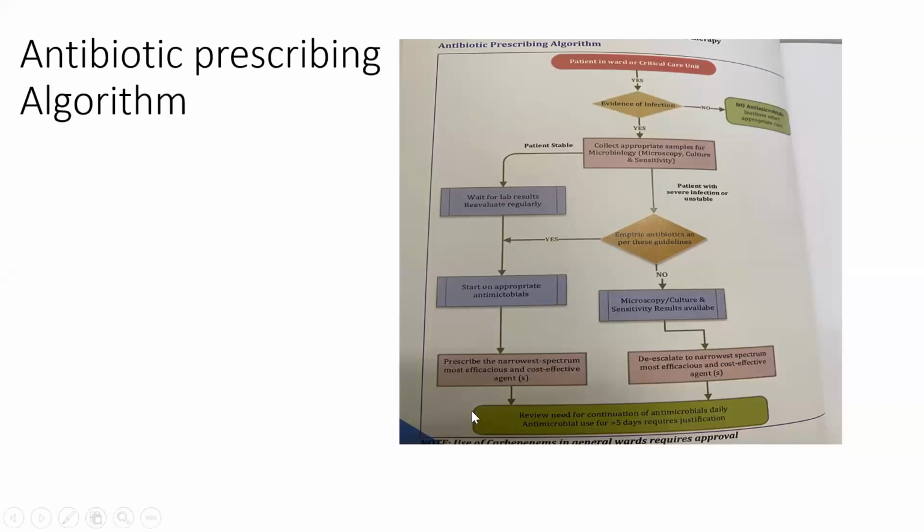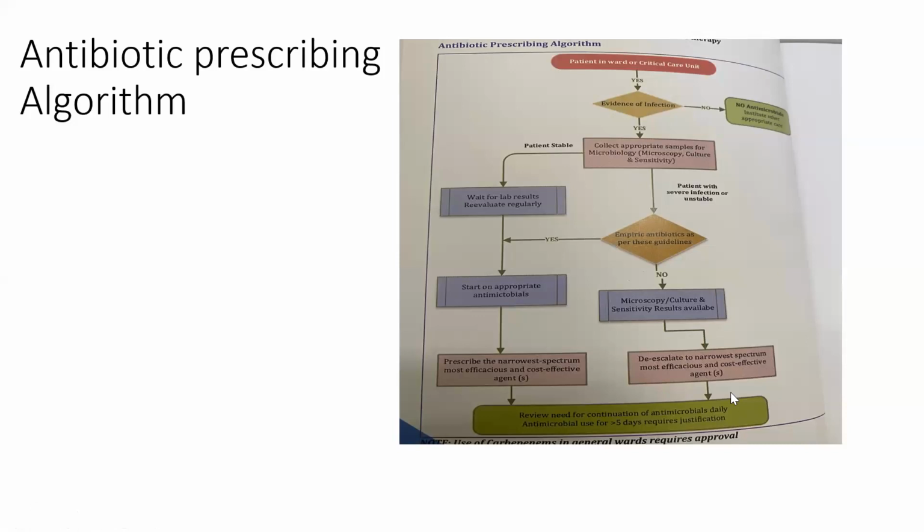Of particular interest here is to note that in our guidelines, we are trying to protect the carbapenems. For carbapenems, we ask that we'll need an infectious disease physician approval.